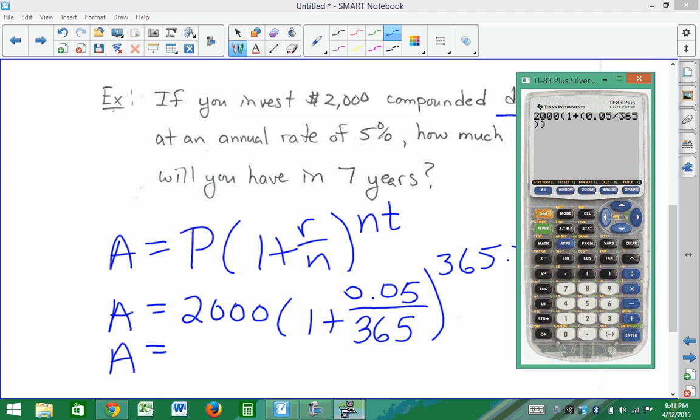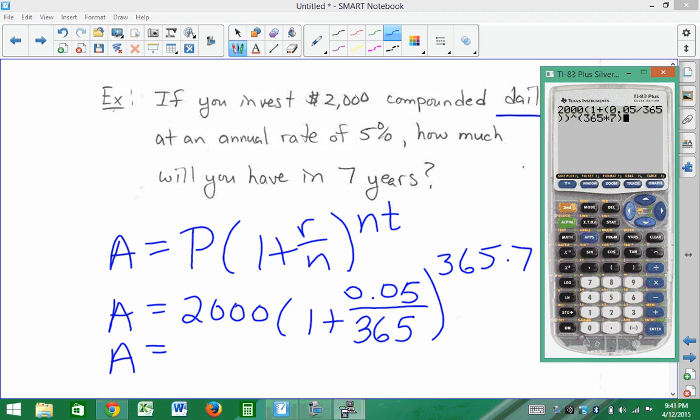We'll need another parenthesis, again 365, times 7. Okay, so you can see that's our formula.